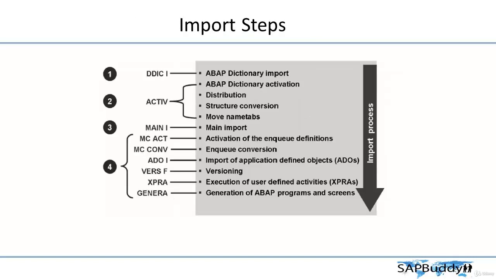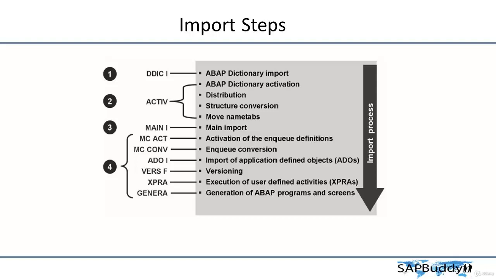Now let's see what steps we have in the import sequence. These are all the detailed steps available in the import sequence. However, we can define all of these into four major steps. The first one is importing dictionary objects, which is DDIC. The second step, which we can call together, deals with the dictionary objects, and it does quite a lot of activity at this time.